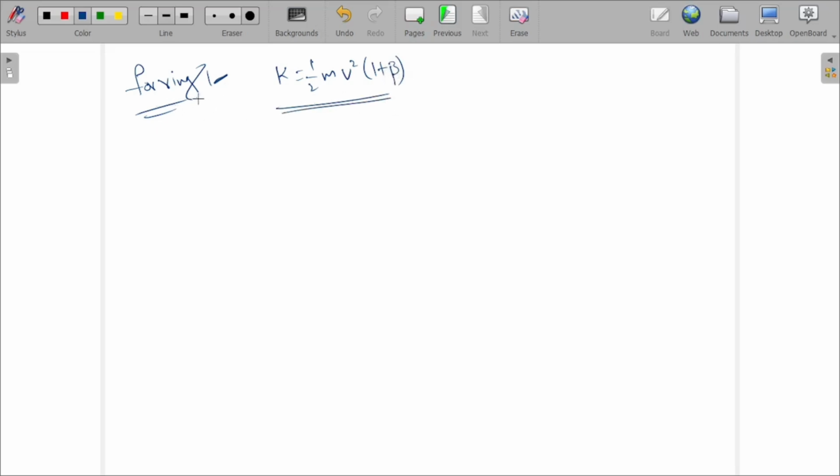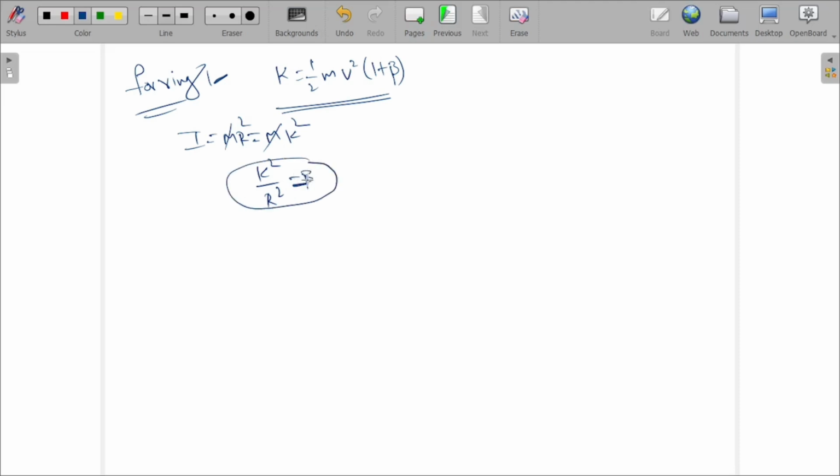So for ring, what is the moment of inertia? M r square, that will be equal to m k square, k being the radius of gyration. M gets cancelled, then it is k square by r square. What will we call that? Beta. Clear?